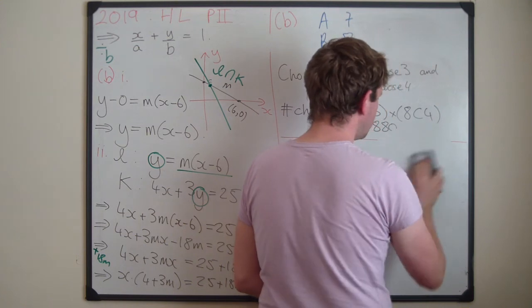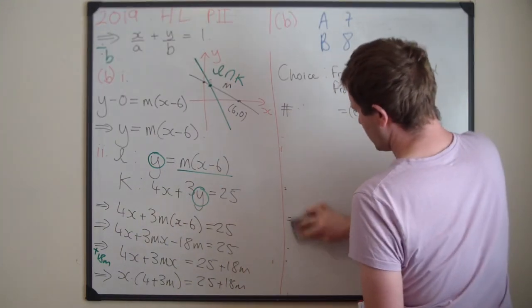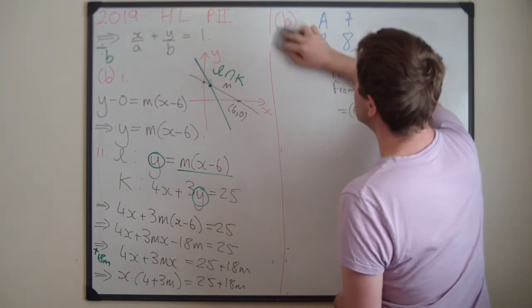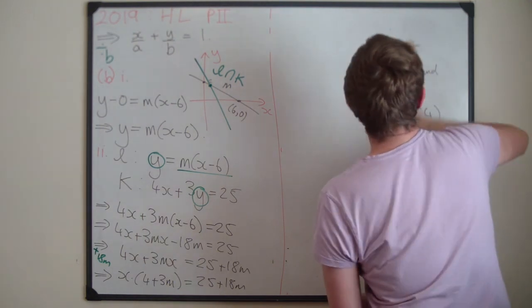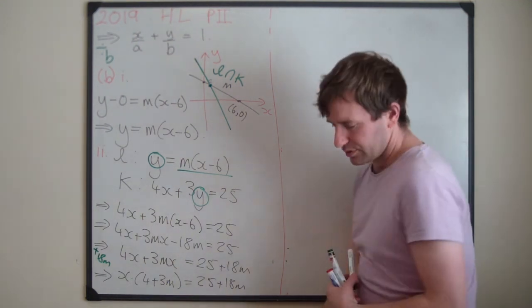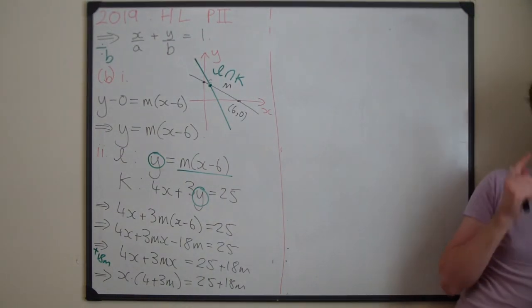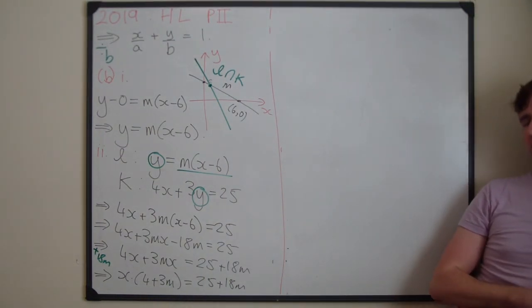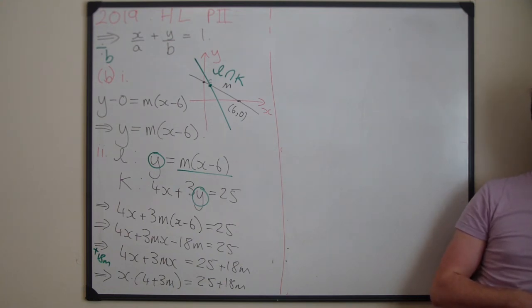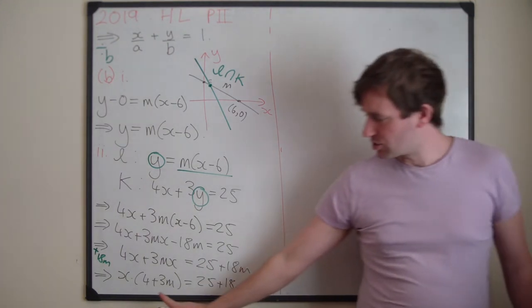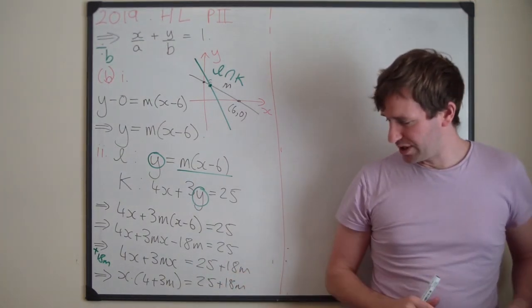Now this is a place where you can get into a little bit of trouble, and we'll see this. Something that you should always be aware of, but it's out there. Just like you've got an issue with the square root of a negative number, you've got an issue with dividing by 0. So if I want to get x on its own here, I need to divide by 4 plus 3m.